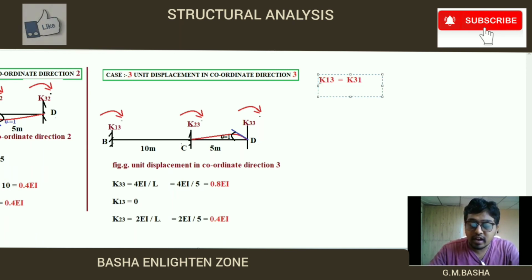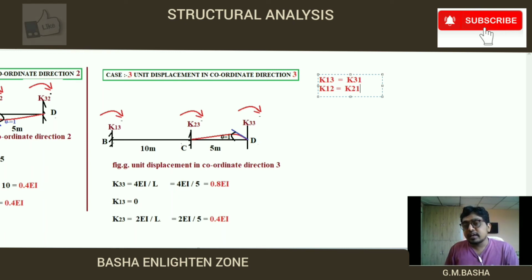Similarly, whatever value is obtained in K12 will be equal to K21. Similarly, in a 4 by 4 matrix, K14 will be equal to K41. Like that you have to remember while solving. Please use these shortcuts, and don't go for calculating all of these entries separately.